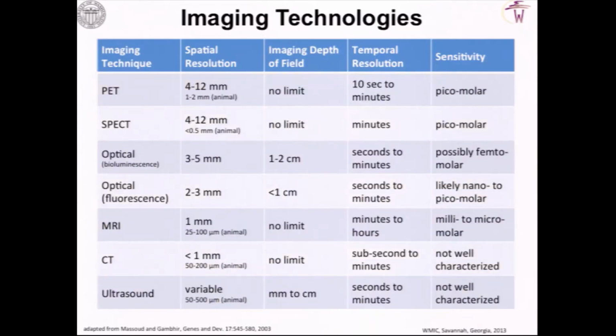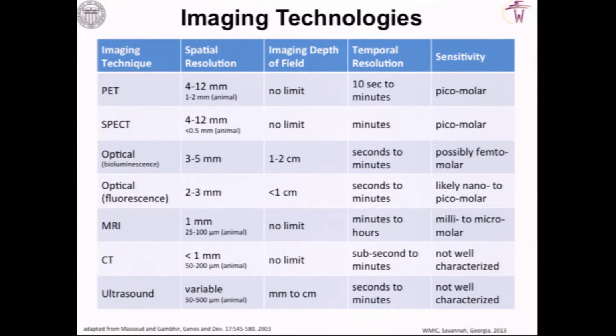This next slide gives you an idea of some of the limits or properties of the different types of imaging modalities. Today we're really going to focus on PET and SPECT and their combination with these other modalities.